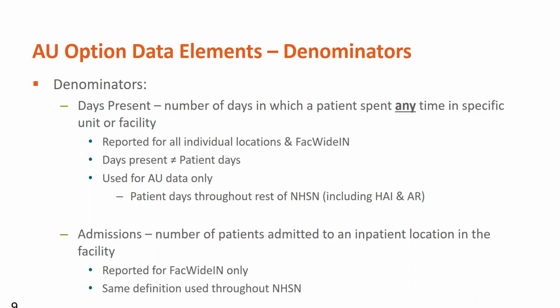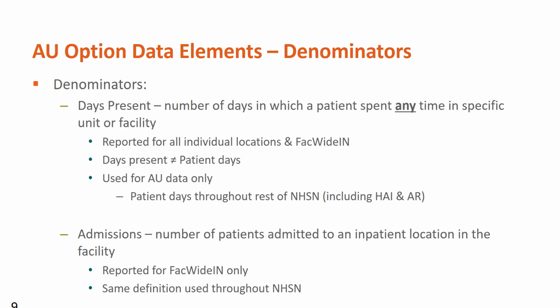However, for days present, we picked that so that we could have patients represented in both the numerator, the antimicrobial days, and the denominator. Since patient days is only captured once daily at the time of the once daily census count, patients have the ability to receive antimicrobials throughout the calendar day, obviously, and if they transfer locations, for example, if they started off in the ICU and then ended the day in the medical ward, we would want them in the denominator of both of those locations.